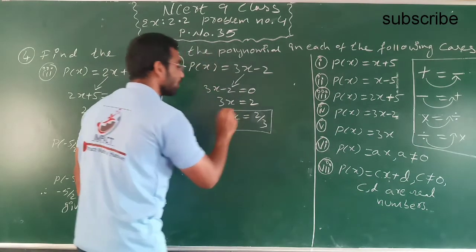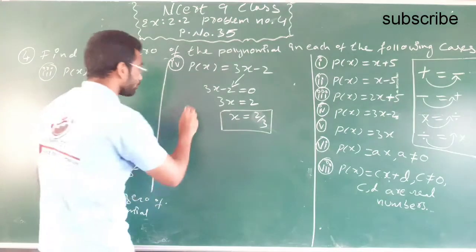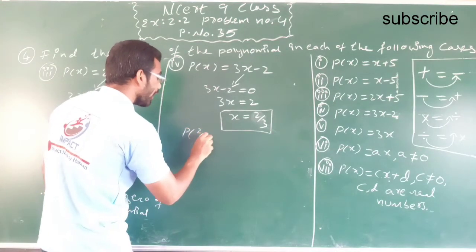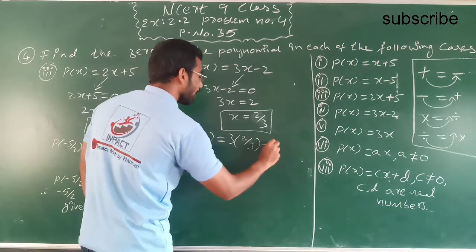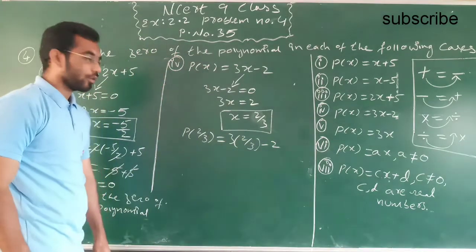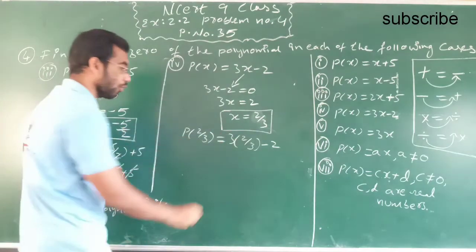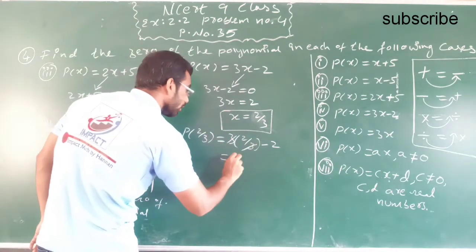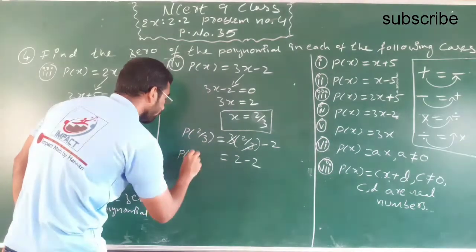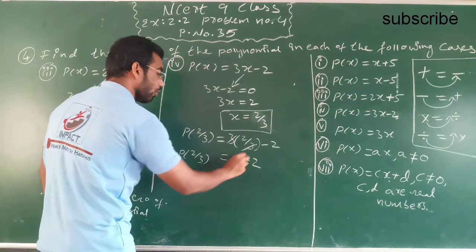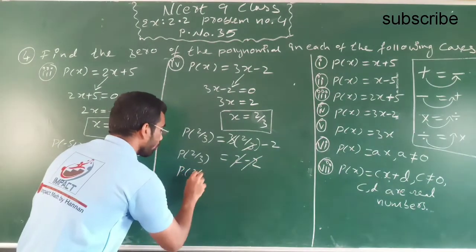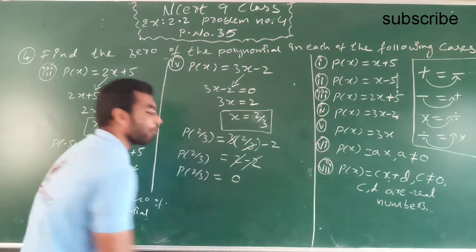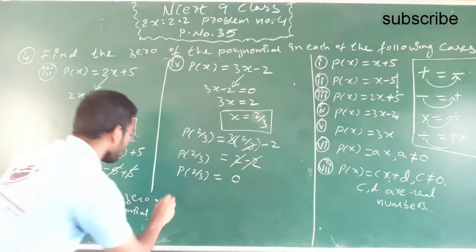The value of x is 2 by 3. Now, p of 2 by 3 equal to 3 into 2 by 3 minus 2. The 3s cancel, then plus 2 minus 2 cancel. P of 2 by 3 is equal to 0.